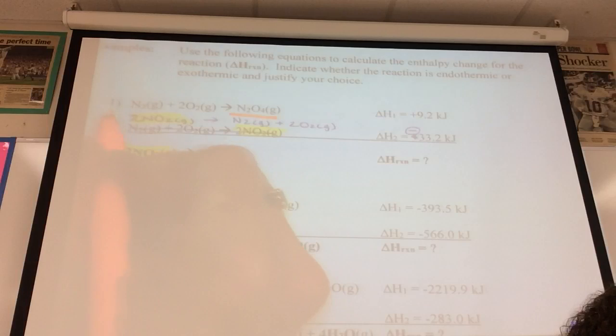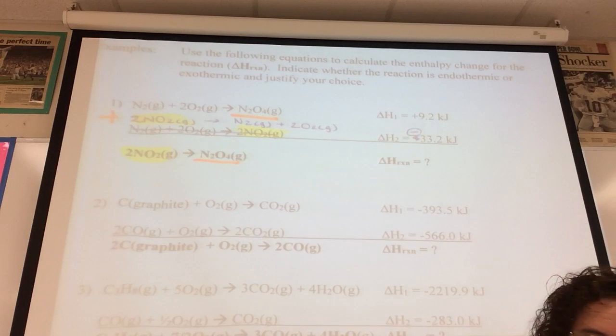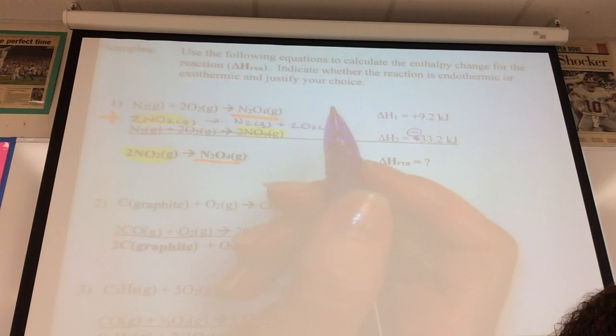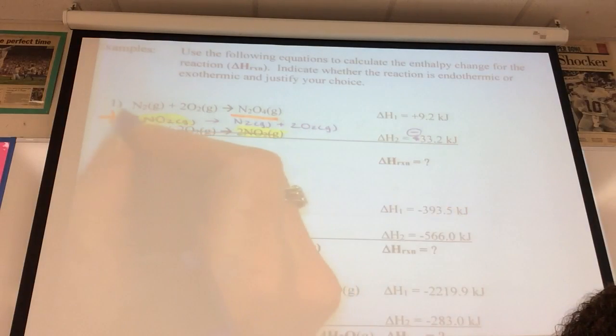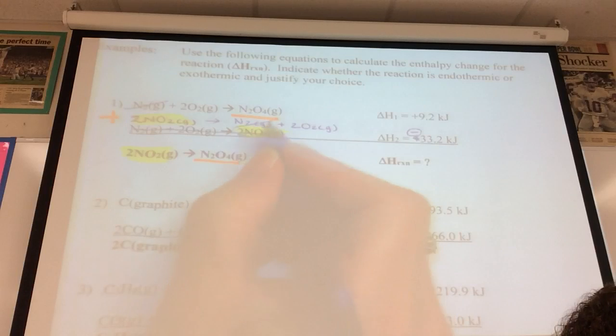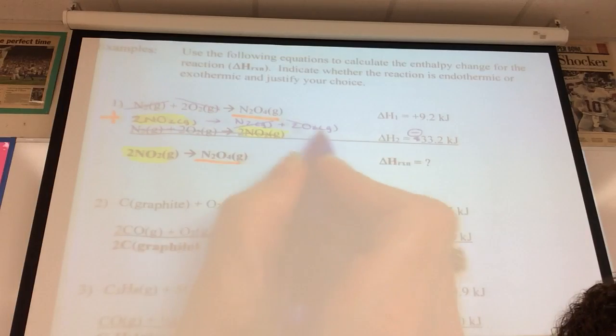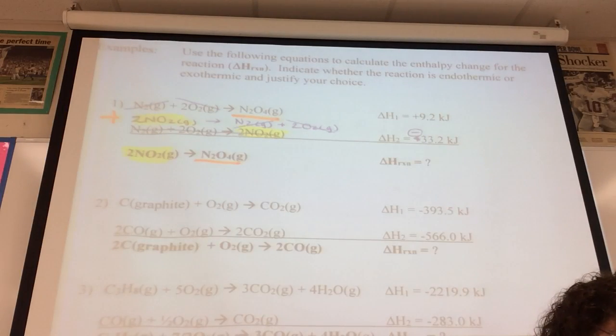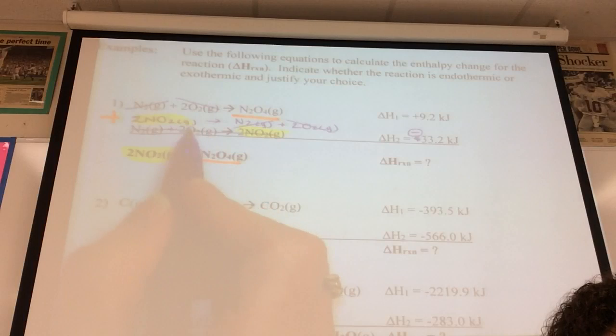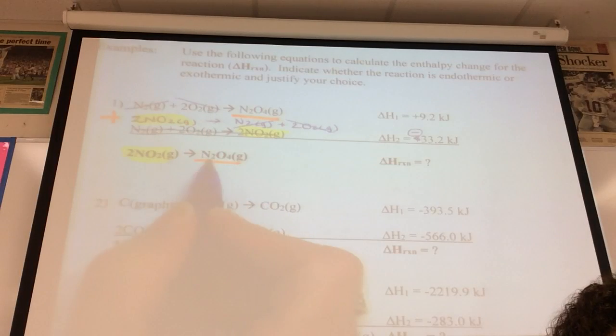So when I sum these two equations together, I see that the nitrogen gas cancels, both coefficient of 1 on opposite sides of the two equations. Same thing with the 2 moles of oxygen gas. So the sum of these two equations is equal to the net.